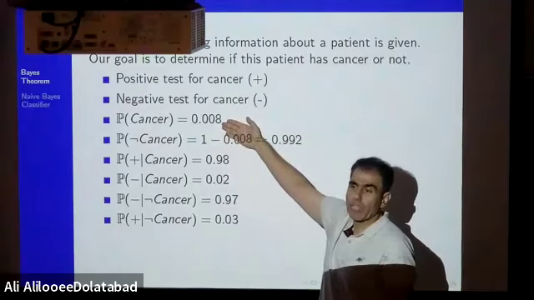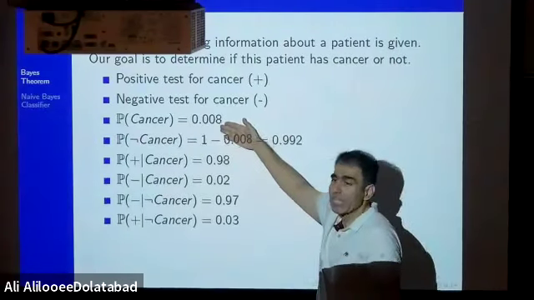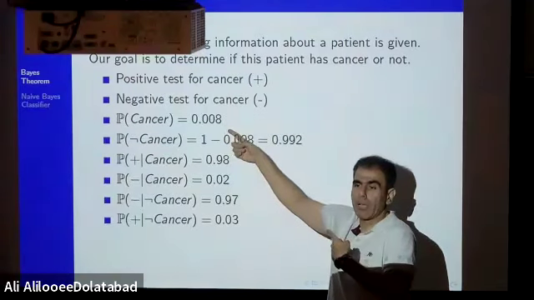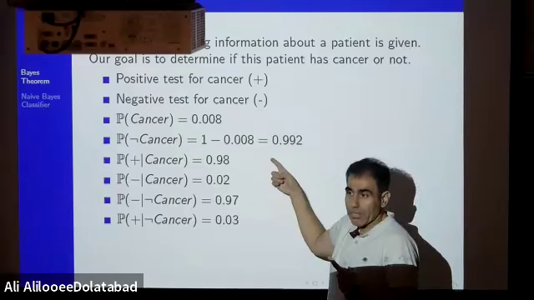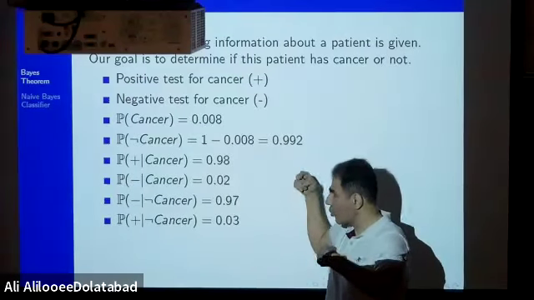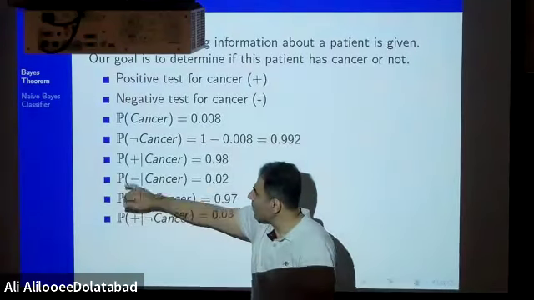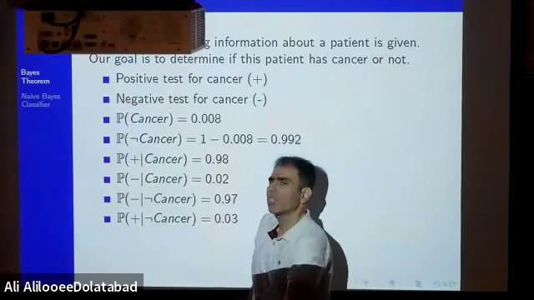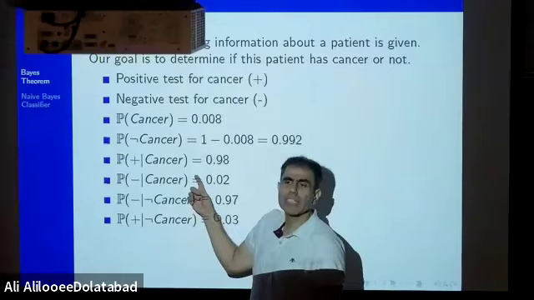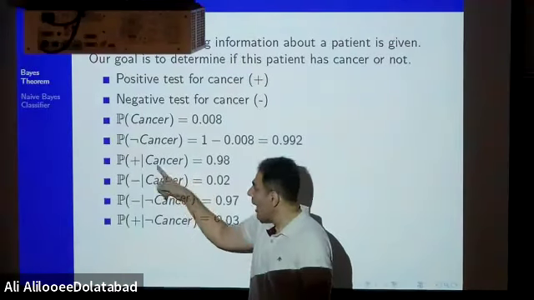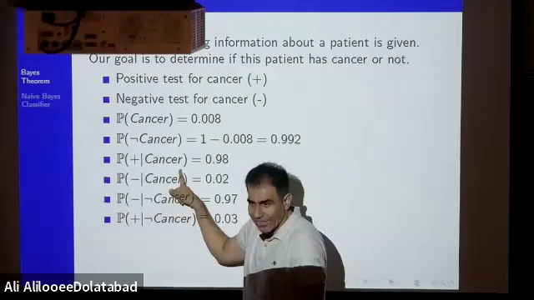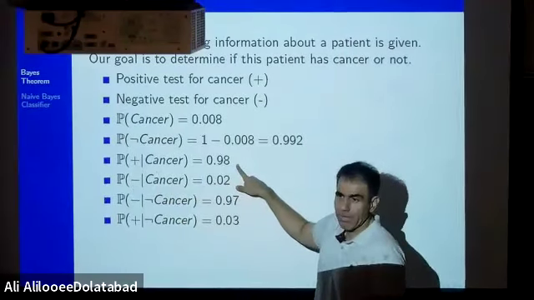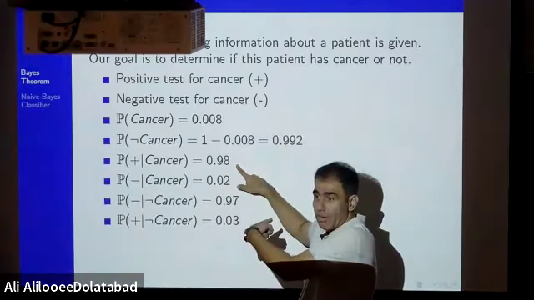The probability that a randomly chosen person has cancer comes from data. These probabilities come from data. Because I am using one test on this patient, that's the sensitivity of the test: if the person has cancer, the probability that the test shows positive. That number again comes from data.